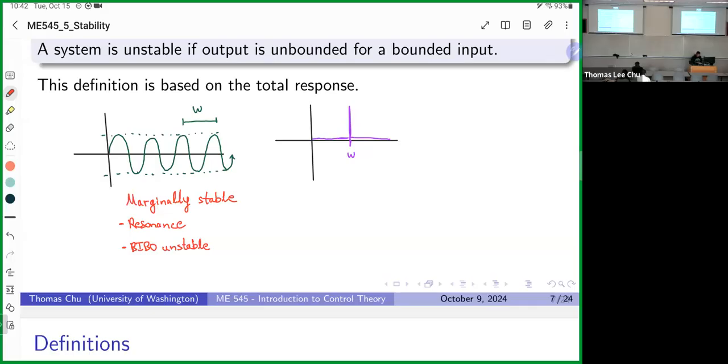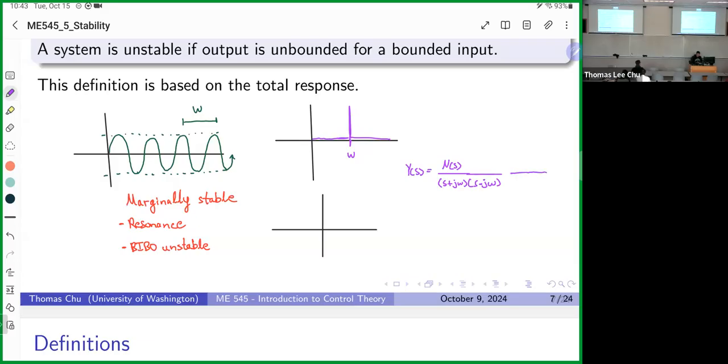So if you actually have a set of, let's say my output response is Y of s equal to, so this is my numerator term, and then in my denominator term I have a pair of complex conjugate poles, s plus j omega and s minus j omega. This is my output response.